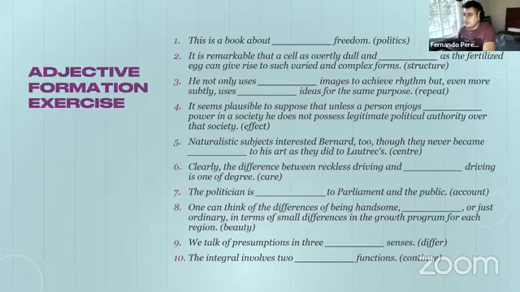Each of them needs an adjective. Each adjective is built with a noun that is given to you at the end of the sentence. If you need some help, I can read the definition of the word that you need. Okay?